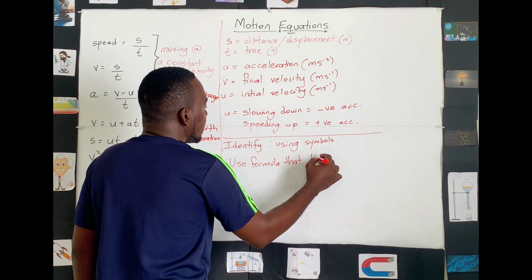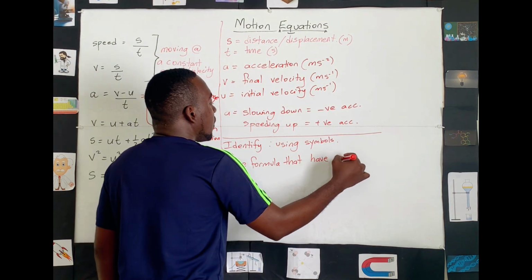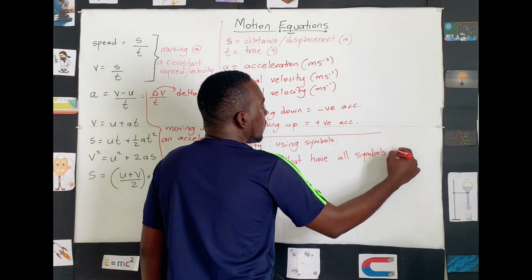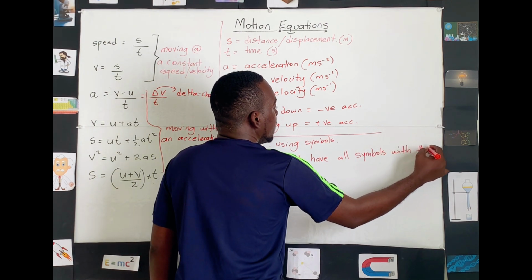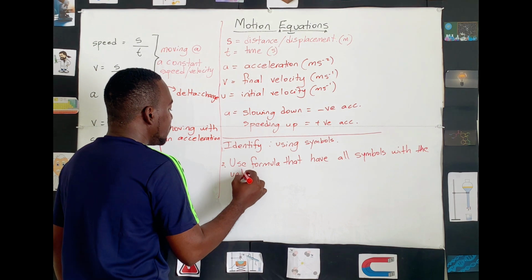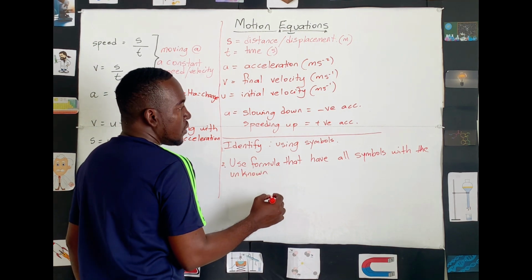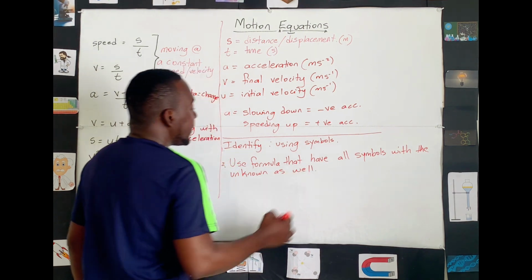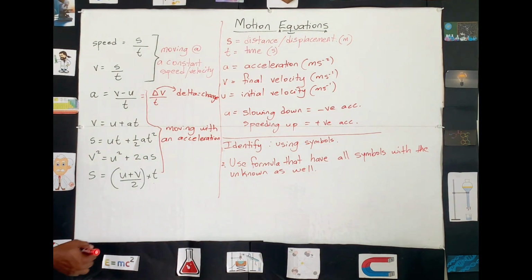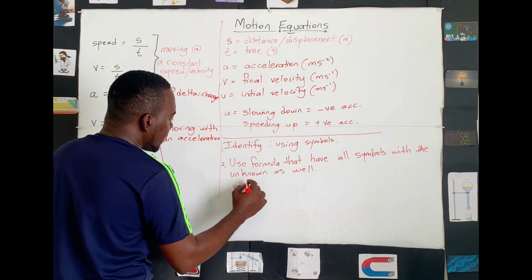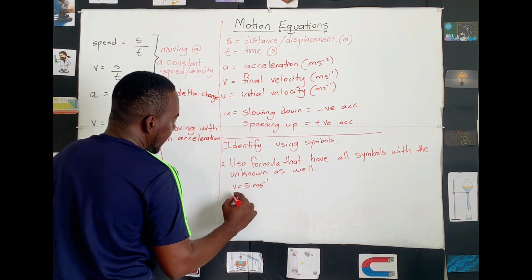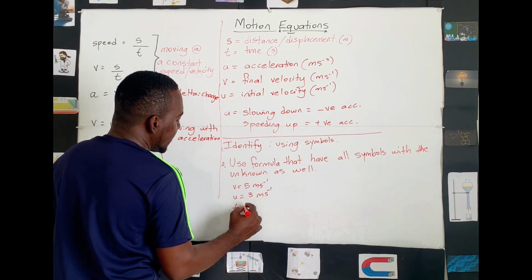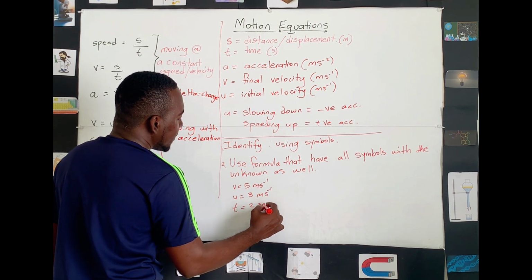that have all symbols with the unknown as well. And what that means is, let's say we have v being 5, we have u being 3, and we have t being 2 seconds.